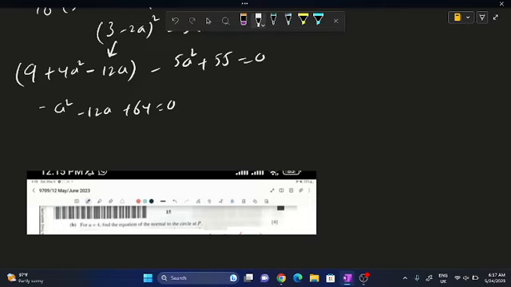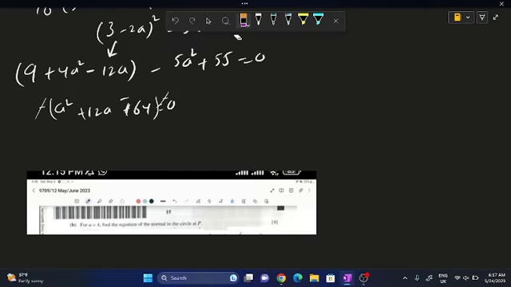Now you can see this is a quadratic equation. I can solve this equation by any of three methods: the quadratic formula, completing the square, or factorising. I find factorising easy. So if I take minus common from inside, that gives me minus, plus, and minus, and the minus and minus cancel.